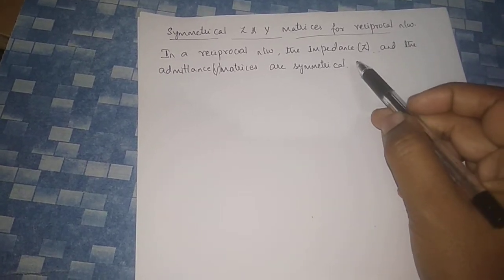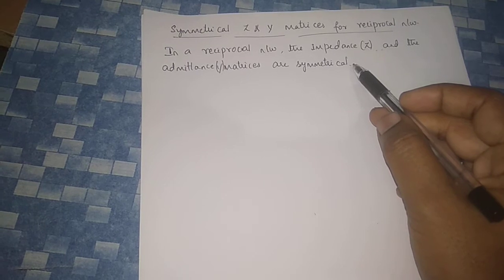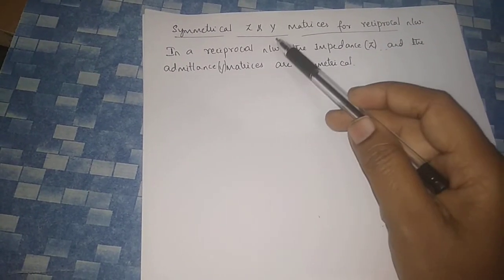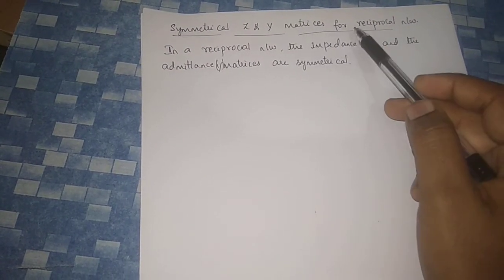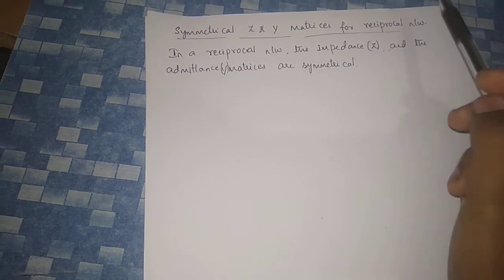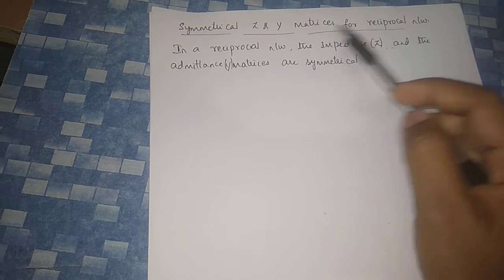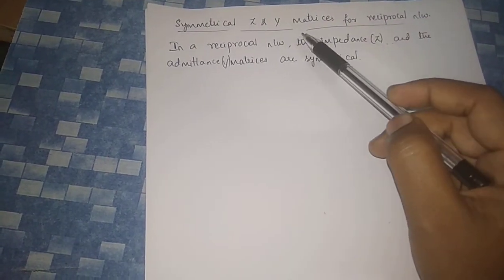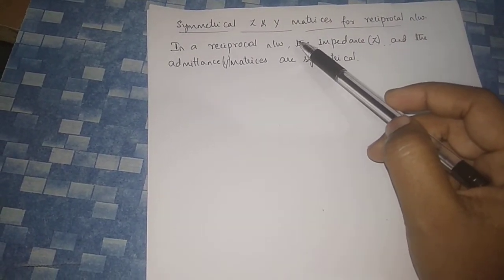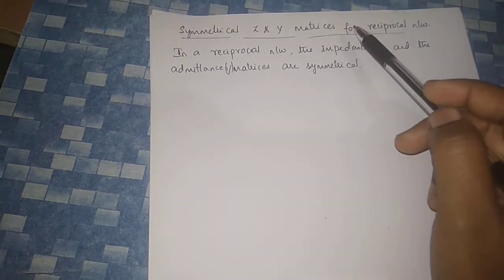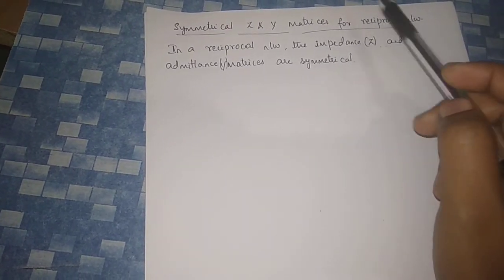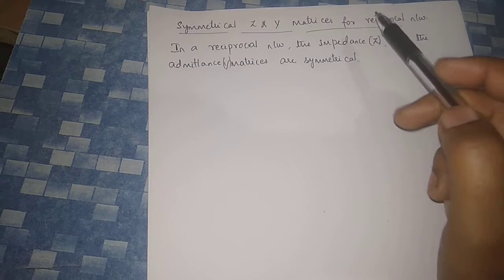Okay, so now in today's class we'll go with another topic, that is symmetrical Z and Y matrices for reciprocal network. What this means is, a reciprocal network is nothing but the voltage and current are independent of the direction of the current.